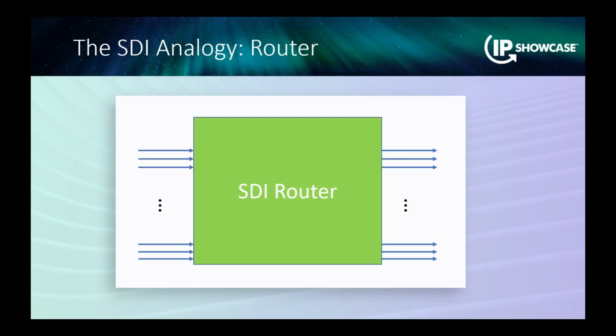And it seemed like nothing else had to change. That's not quite the right perception, because actually the network switch does not directly replace the SDI router. You have to look a little bit into the SDI router, what's in there.